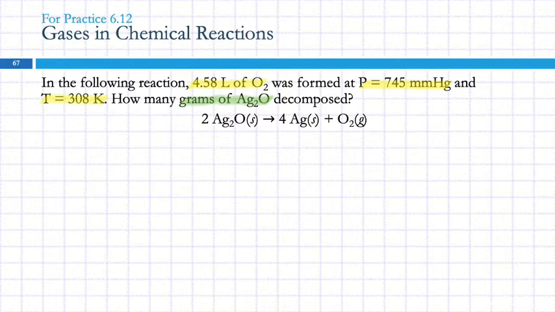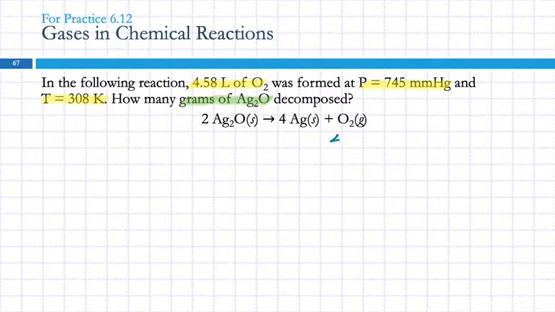So now that I've done that, I'm going to take these numbers and write them under the substance that they relate to. So here it's the oxygen gas. Instead of just a mass or a molarity and a volume, I've got 3 things to write here. I've got a volume, a pressure, and a temperature.